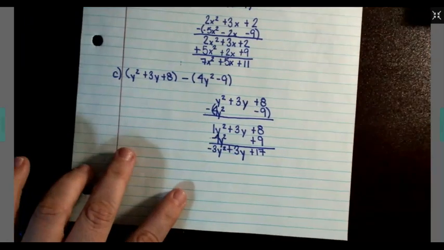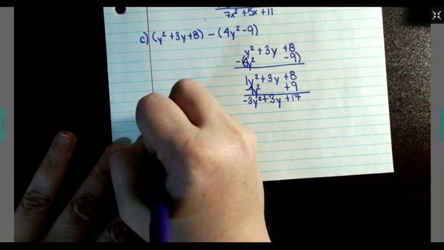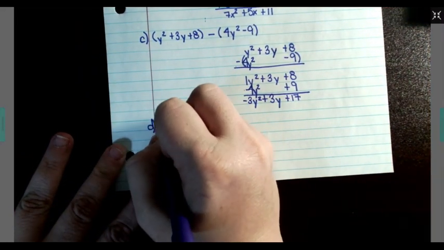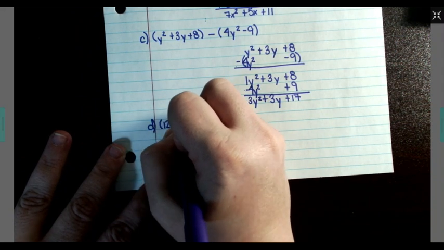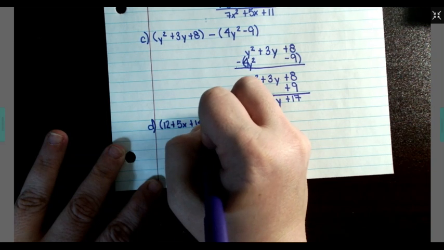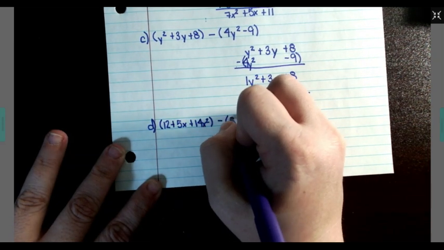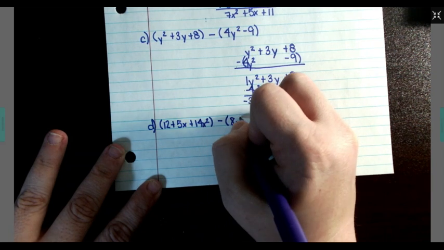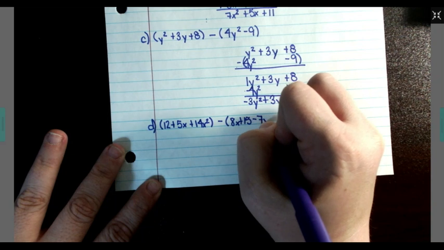Let's take a look at question D. This is going to be 12 plus 5x plus 14x squared, and then we're going to do minus 8x plus 15 minus 7x squared.